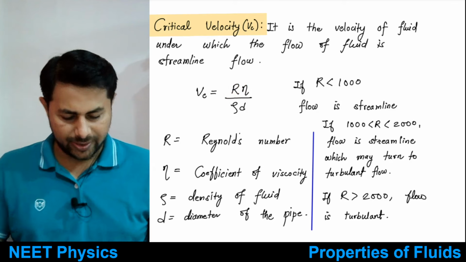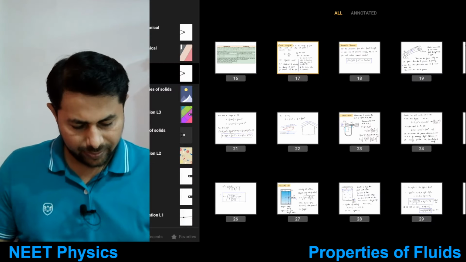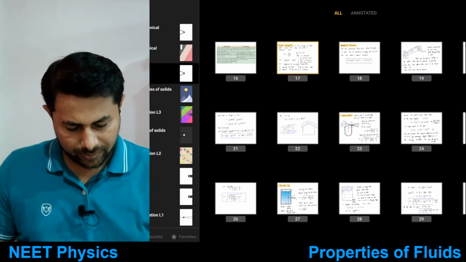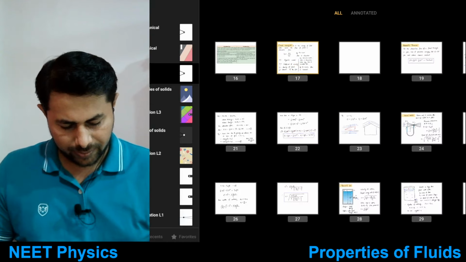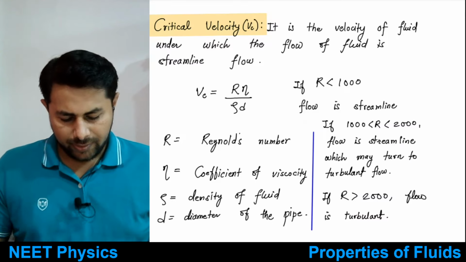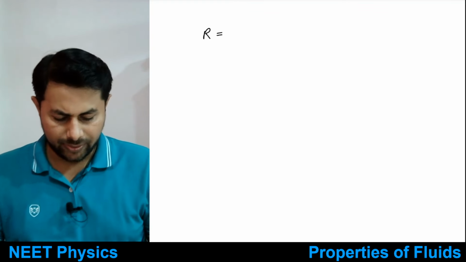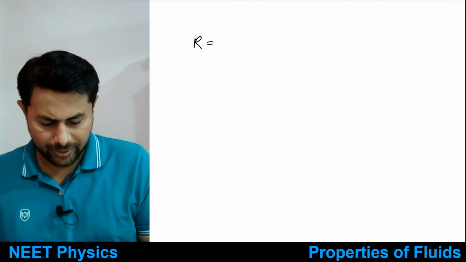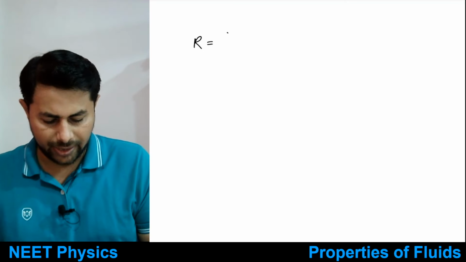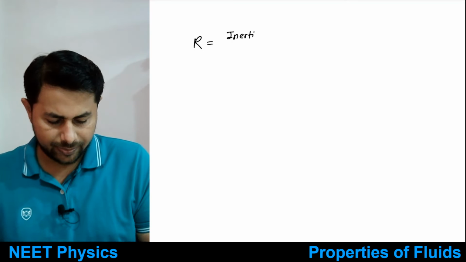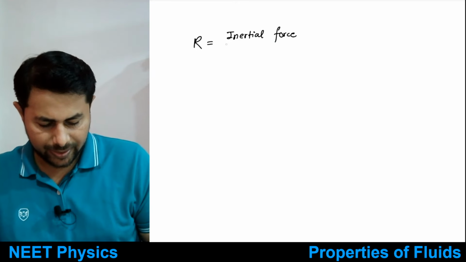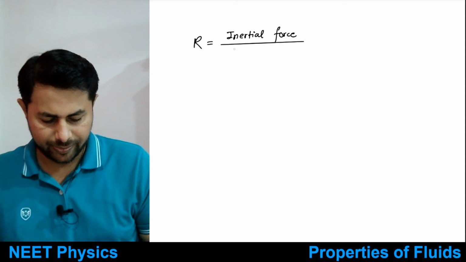We can write it in this way. R is equal to the inertial force divided by viscous force.